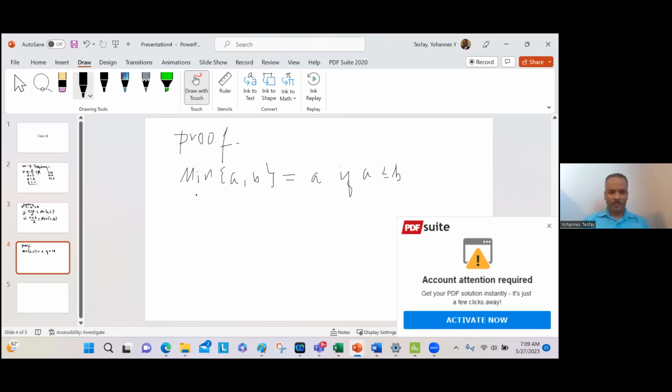So now the minimum of a and b is equal to a, just like that. So the minimum of a and b, in this situation, is less than or equal to a plus b, isn't it? Because b is bigger, you see.